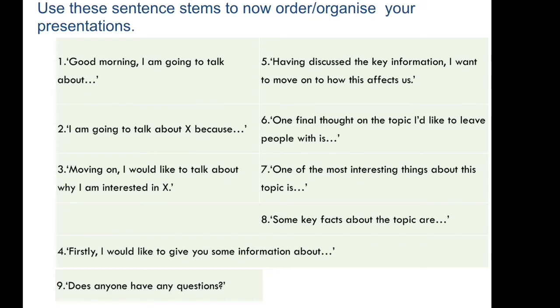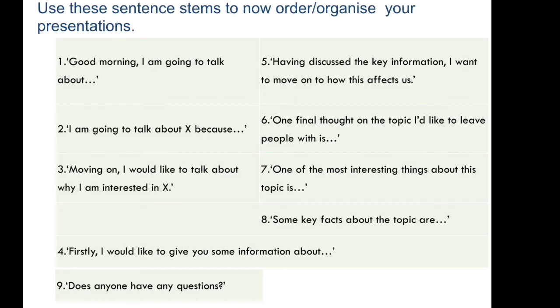Or one final thought on the topic I'd like to leave people with is, or one of the most interesting things about this topic is, or 8 some key facts about the topic are. So I've gone through the sentence stems. Notice I've left number 9 until last because that is what you're going to say after you've done your presentation.